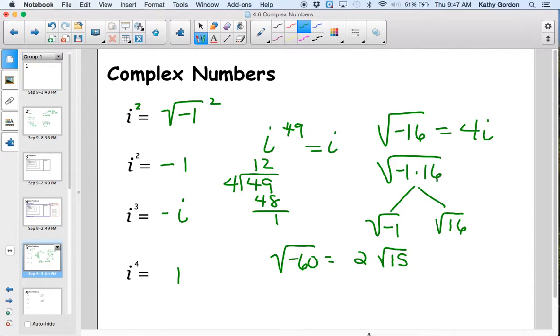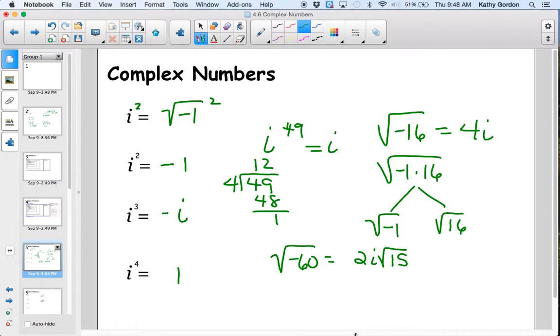But now, in order to take the square root of the negative part, that becomes i. That's not in the radical anymore. When you transform that into i, you are taking it out of the radical sign, so it would be out there with the 2. So you would say it's 2i square root of 15, because it was negative 60 rather than positive 60 that you were trying to take the square root of.